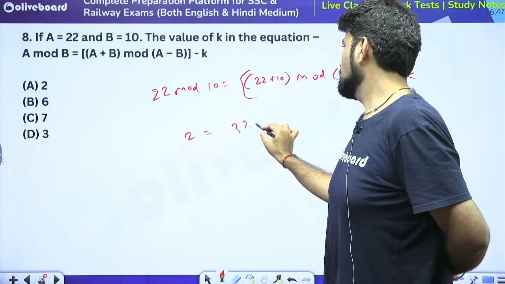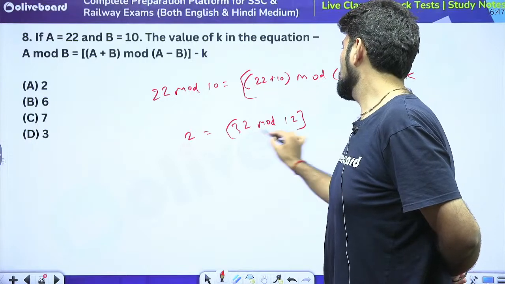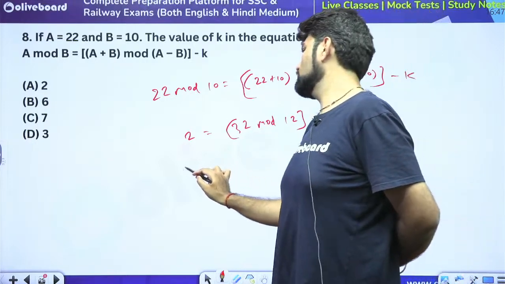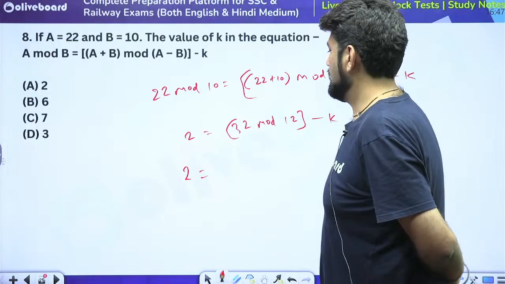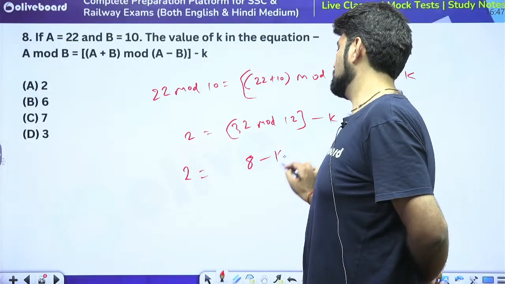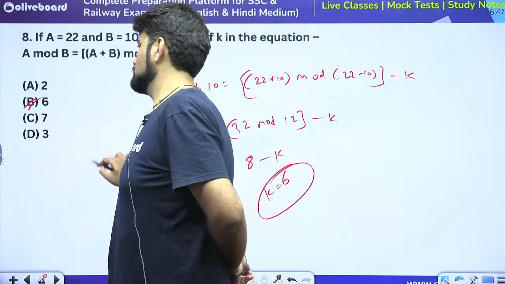This is 32 mod 12 minus k. 2 is equal to 8 minus k, since 32 mod 12 is 8. So the value of k is 6. Simple, easy questions.